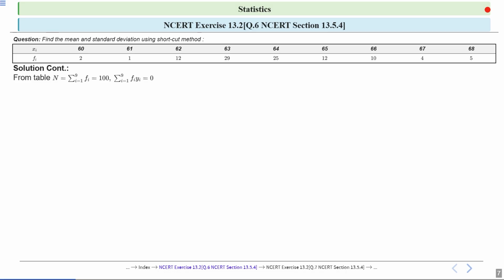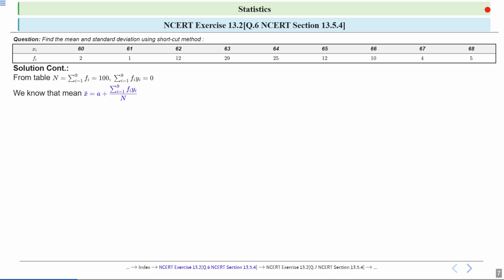From the table, we obtained the value of n, summation from i equal to 1 to 9 of fi, equal to 100, and summation from i equal to 1 to 9 of fi times yi equal to 0.